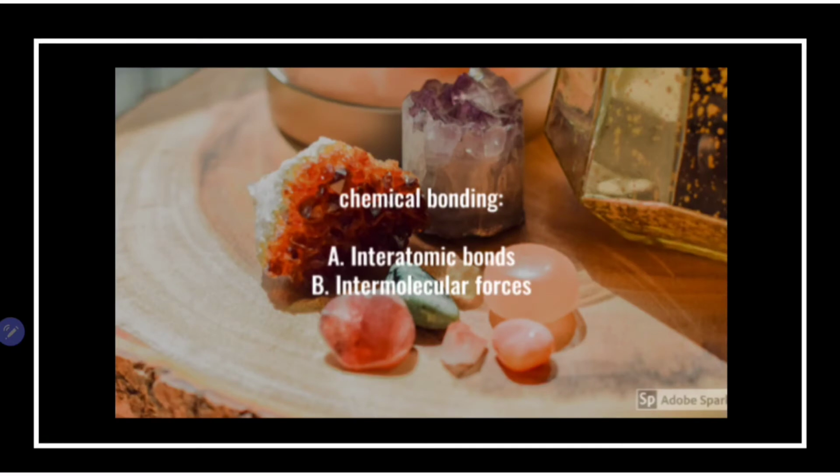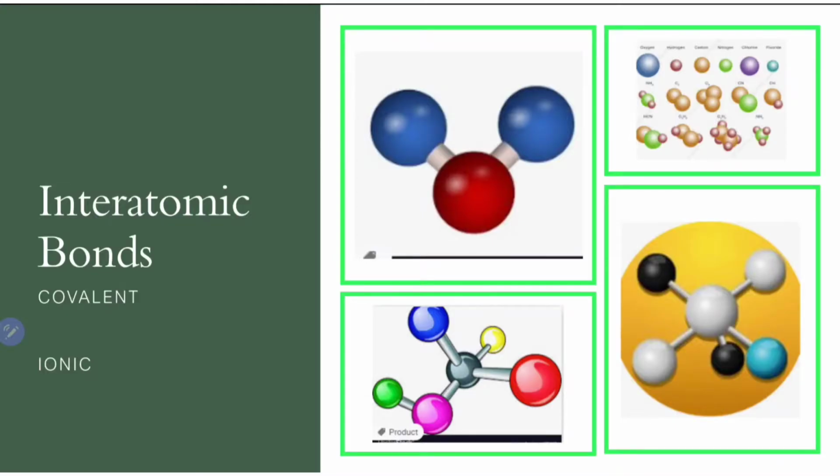For chemical bonding, there are 2 types. The first is interatomic bonds, and the second is intermolecular forces. For interatomic bonds, the atoms join chemically together to form a molecule, the smallest unit of the compound.